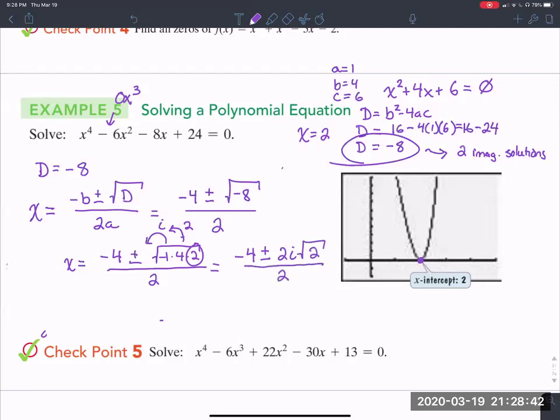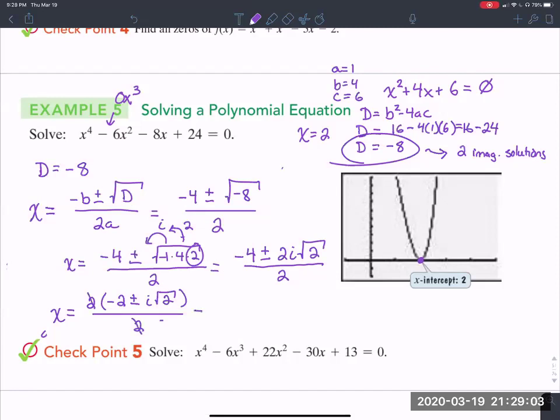over 2. Now, we want to clean up the fraction to see if there's any common factor in the numerator. And the common factor is 2. When we pull out 2, we get -2 plus or minus i root 2 divided by 2.